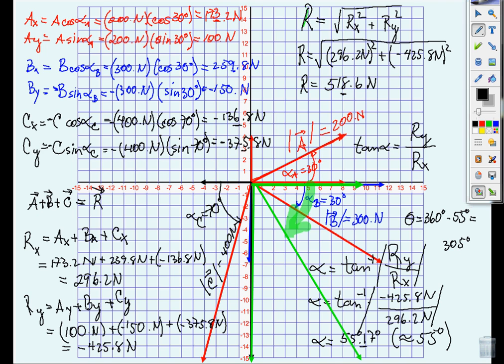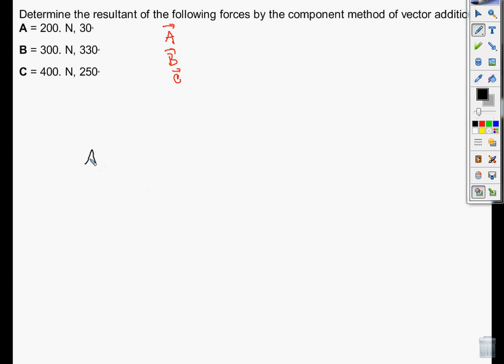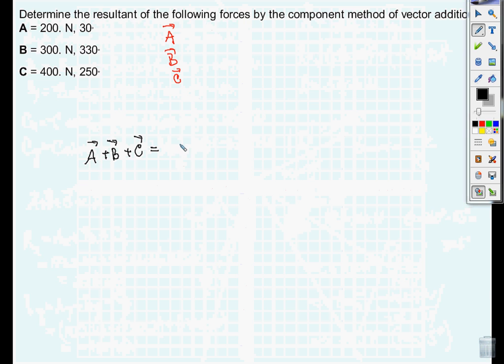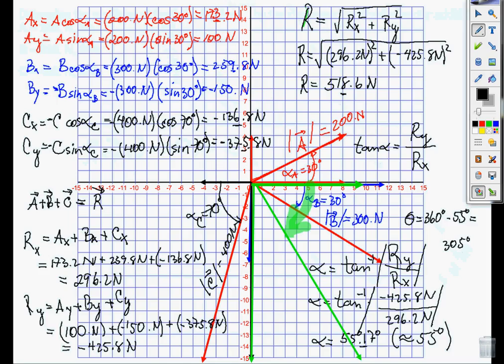So your final answer, which I'm going to write right here, we're going to say that A plus B plus C is equal to 519 newtons at 305 degrees.